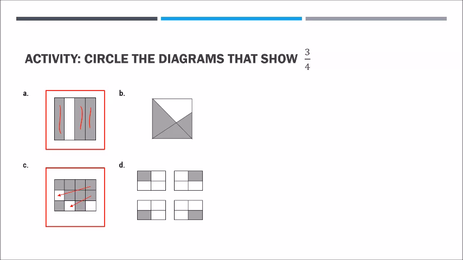In these other ones we only have 4 spots, and the majority here, the whites, is more than 3/4. In this one, those parts are not equally spaced, so we cannot say that this represents 3/4 because these are all different sizes.